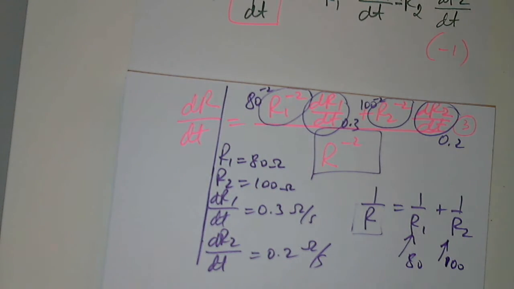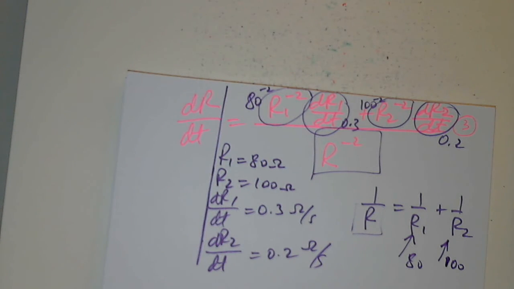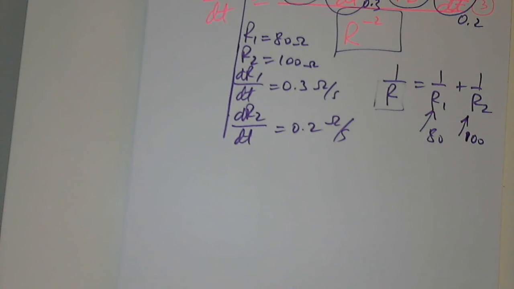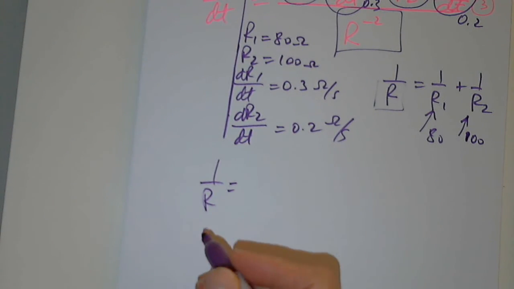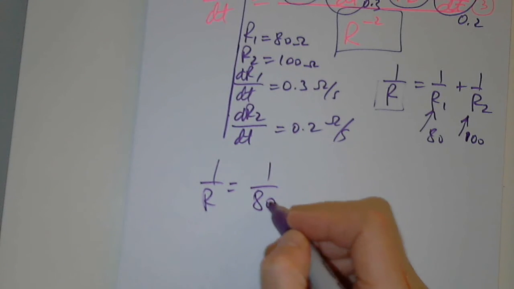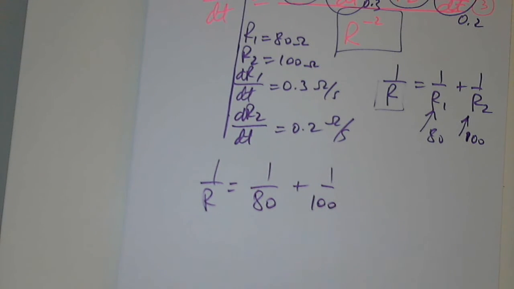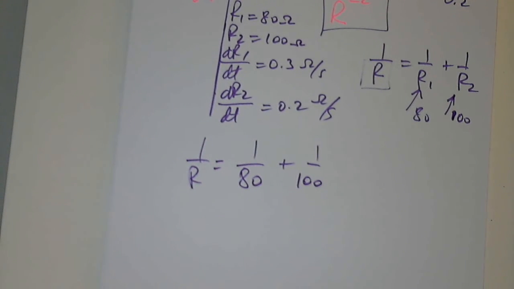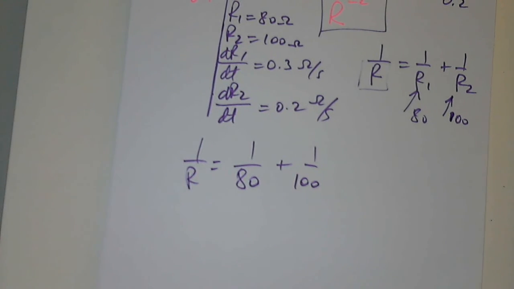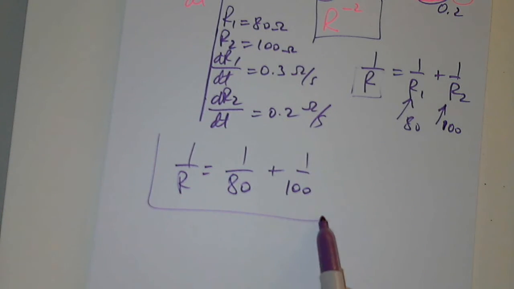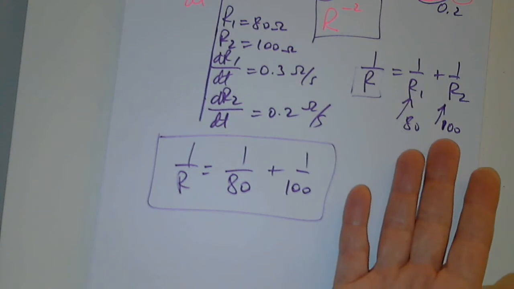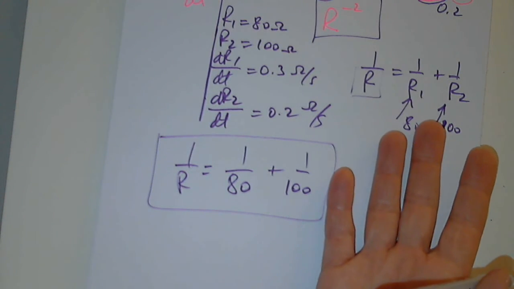So here's what I recommend when it comes to this type of equation. We want to find R, which is 1 over 80 plus 1 over 100. You have to find the least common denominator, etc. If you solve it in this form instead, that's always easier.